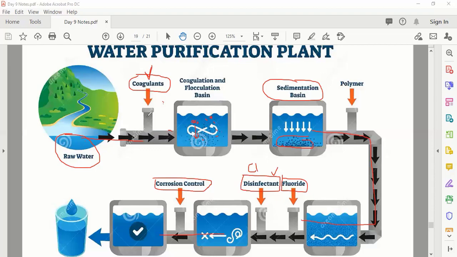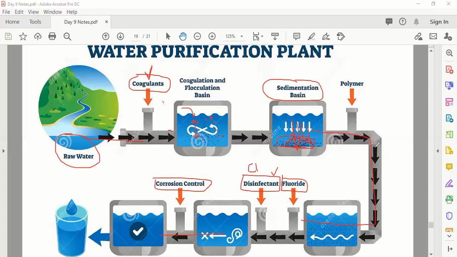What this coagulant will do: all these dirt particles, before, are spread in all the water; when this powder comes onto them, they all stick together. You can see the size here and the size here. Now they become heavy. When they become heavy, they settle down. Before they were lighter, so they were moving all over the place. When 3, 4, 5 or 10 stick together, they become heavy and they go down here and settle down. That's known as the sedimentation basin.